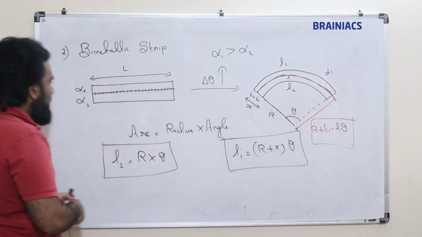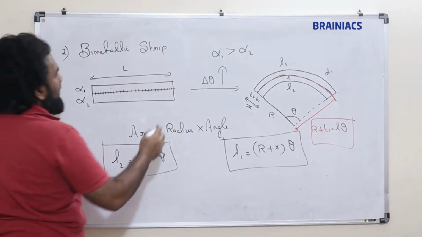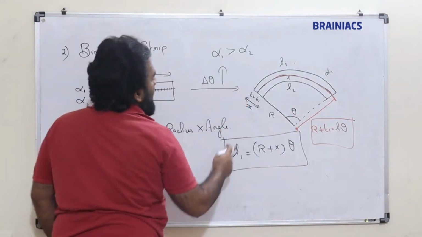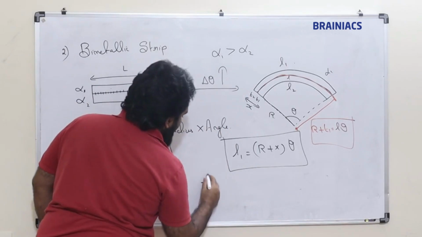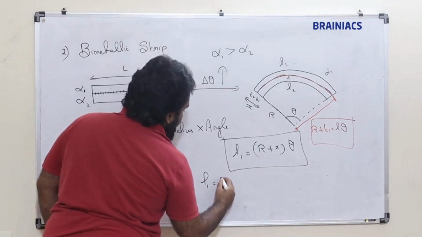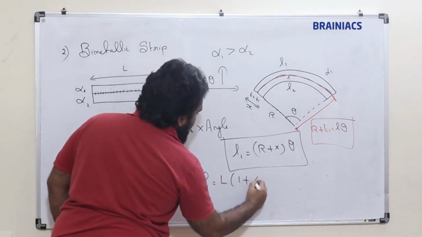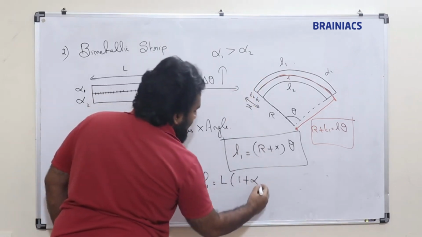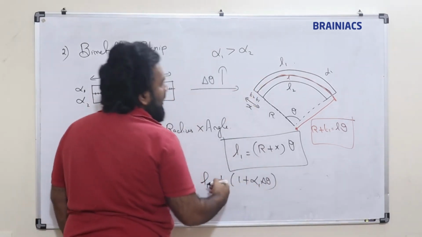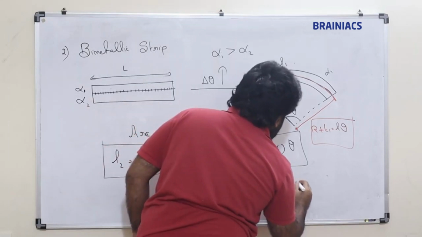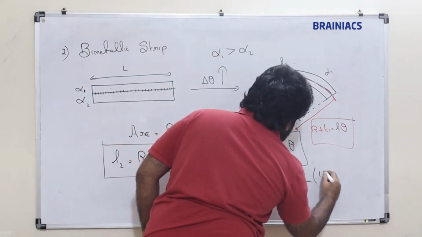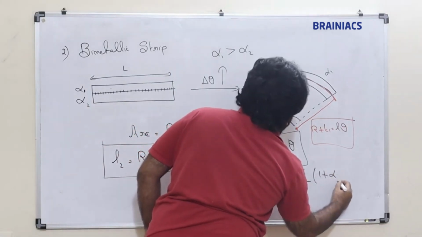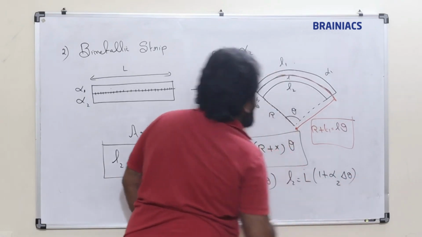And definitely one thing we need to keep in mind is what will be L1 and L2? L1 will be L into 1 plus alpha 1 into delta theta, and L2 is going to be L into 1 plus alpha 2 delta theta.